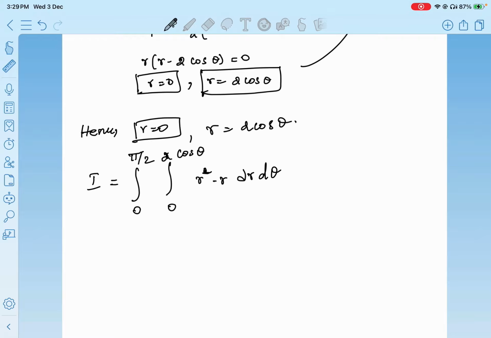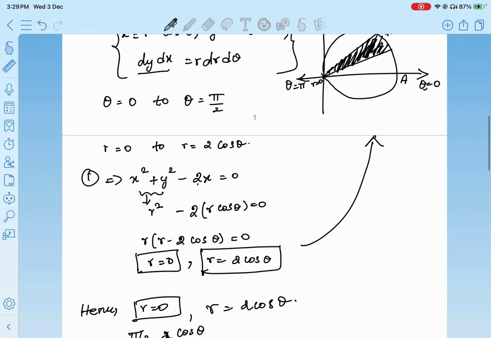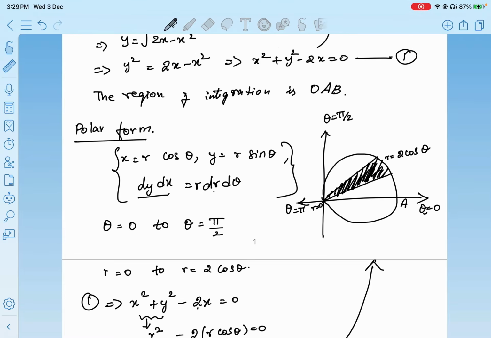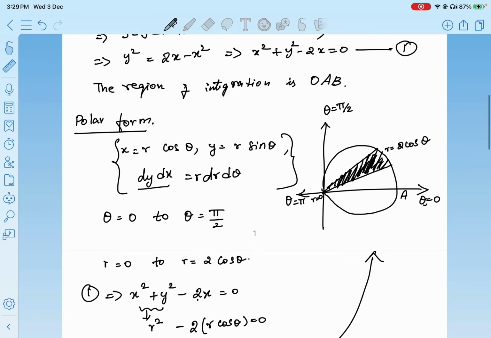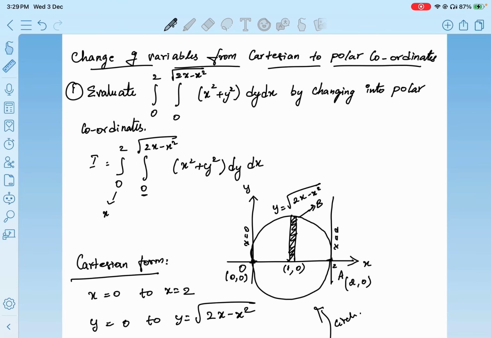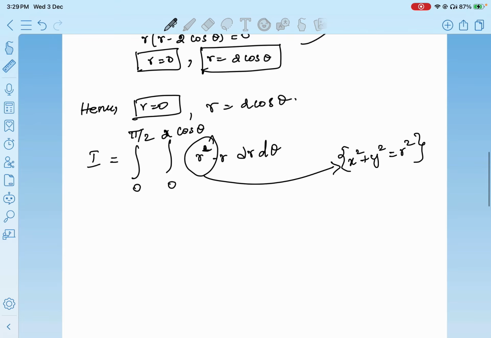How did this come? In the question, dy dx is replaced as r dr d theta, and x square plus y square, which is given in the question, is replaced as r square. This is how I have replaced it.